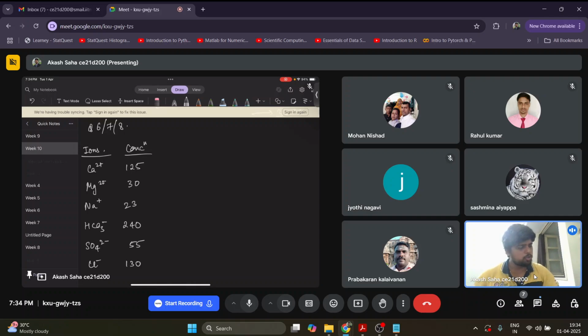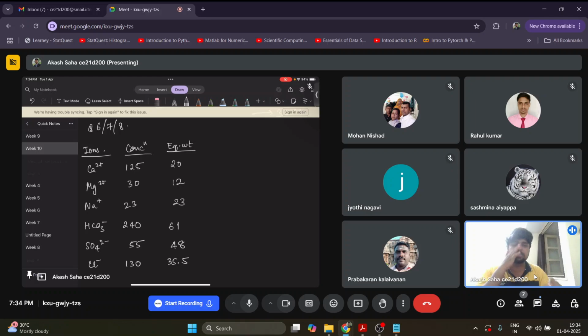First we should know all the equivalent weights. It's better to memorize all these so that you don't have to calculate again and again. For calcium it's 20, magnesium 12, sodium 23, HCO3- 61, then 48 and 35.5.